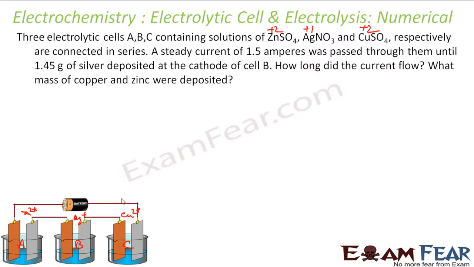A steady current of 1.5 ampere is passed until 1.45 gram of silver is deposited. So here this is anode, this is cathode, anode, cathode, anode, cathode. Right, at cathode I'll be getting this 1.45 gram of silver for this cell B.